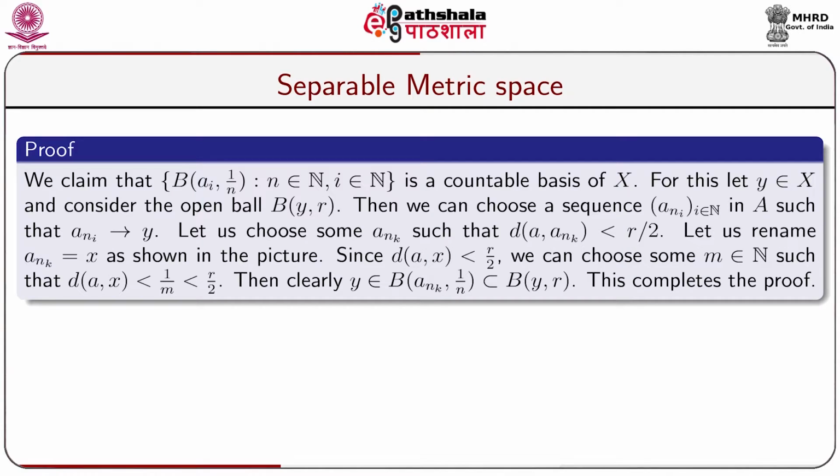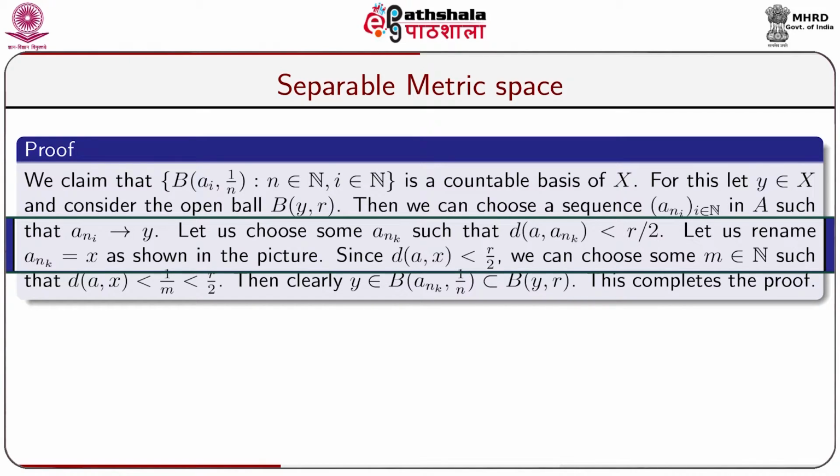For this, let us choose some y belongs to X and consider the open ball B(y, r). Then we can choose a sequence a_{n_i} in A such that a_{n_i} converges to y. Let us choose some a_{n_k} such that d(a_{n_k}, y) is less than r/2.